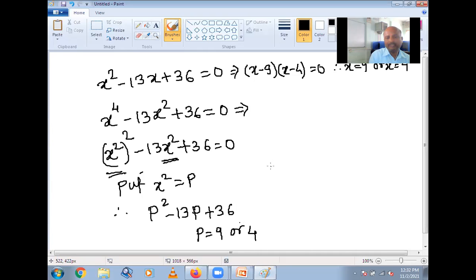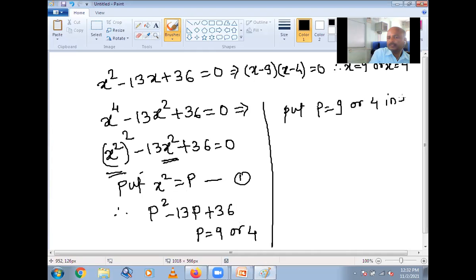So put the value of p, since you have substituted x square is equal to p. Put p is equal to 9 or 4 in equation 1.